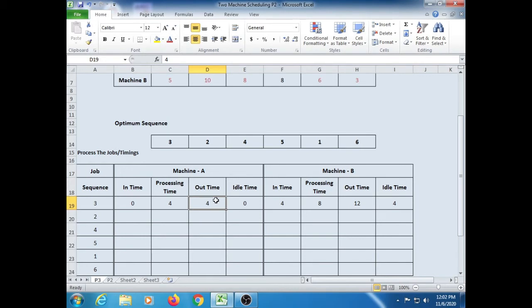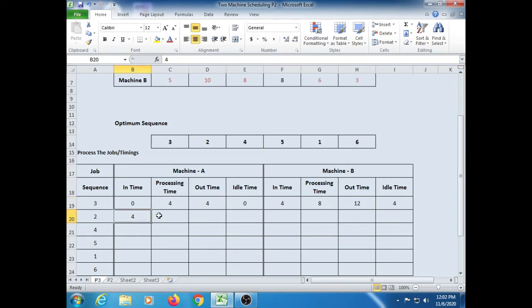So at the 4th hour we can start the next job, because we processed the previous job on machine A until the 4th hour, and at that same 4th hour we can start the next job on machine A. So the previous job's out time will become the present job's in time.